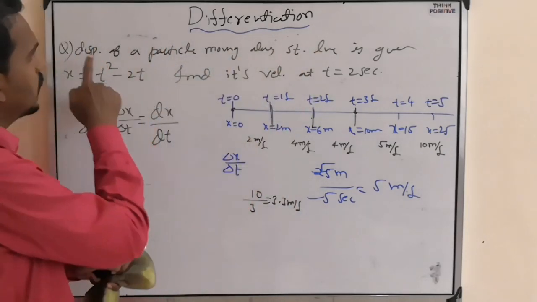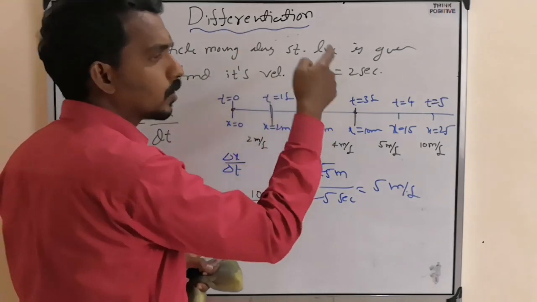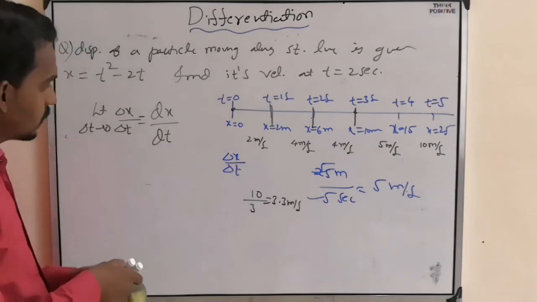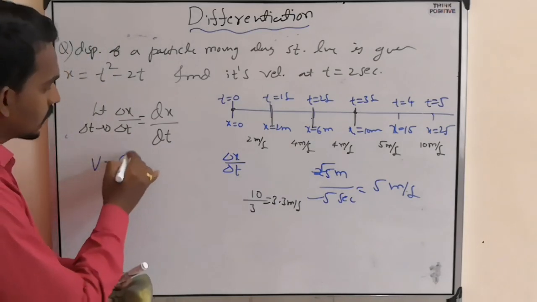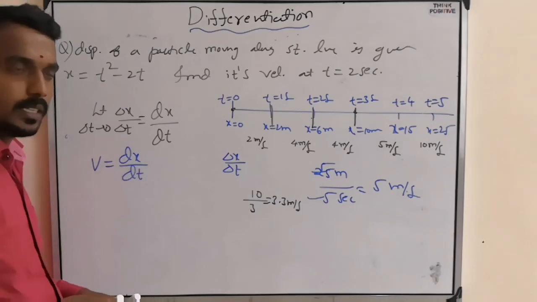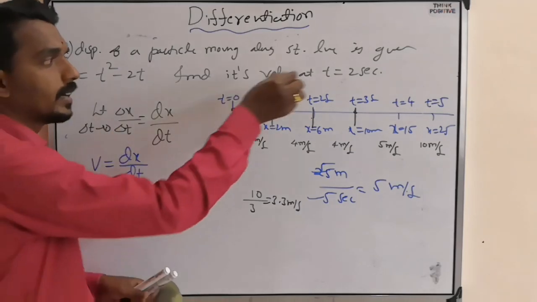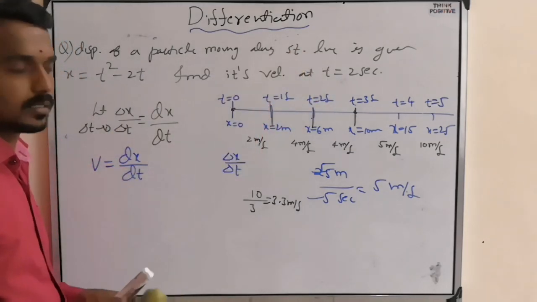Now in the question, if you see, they have given displacement and asked to find its velocity at 2 seconds. That means velocity is nothing but dx by dt, the change in displacement with respect to time. At what instant? At t equal to 2 seconds.